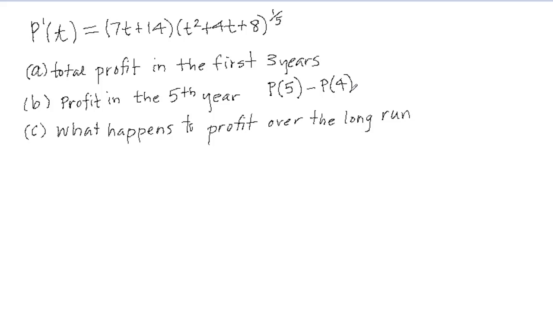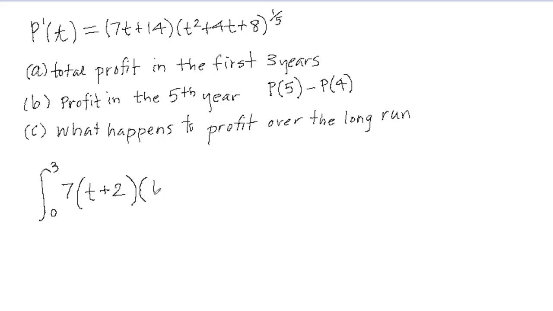So the first thing we have to do is find the integral from 0 to 3. I'm going to take that 7 common factor out of the 7t plus 14 and leave that with a t plus 2.